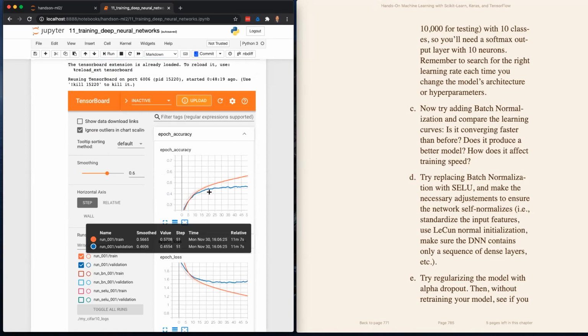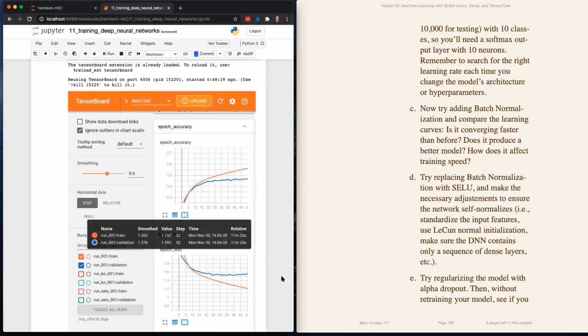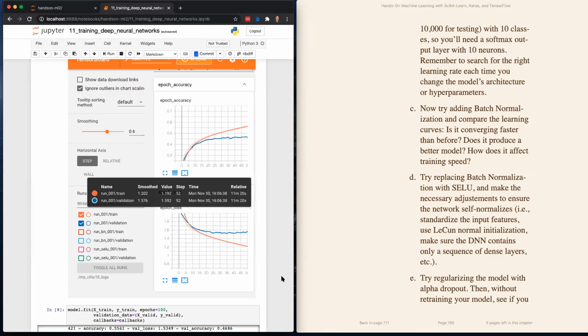Orange is training, and this is going up, and then around here it starts getting saturated. Same down here: training loss is going down, but around here it starts getting saturated, so it's not improving whatsoever. So that's the first run. Any questions or anything you guys would like to discuss about it?